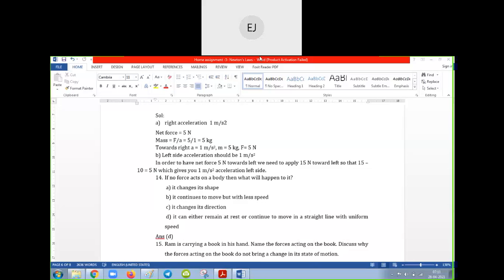Can you tell me what the forces acting are? Muscular force, gravitational force, frictional force. Muscular force, gravitational force, very good.